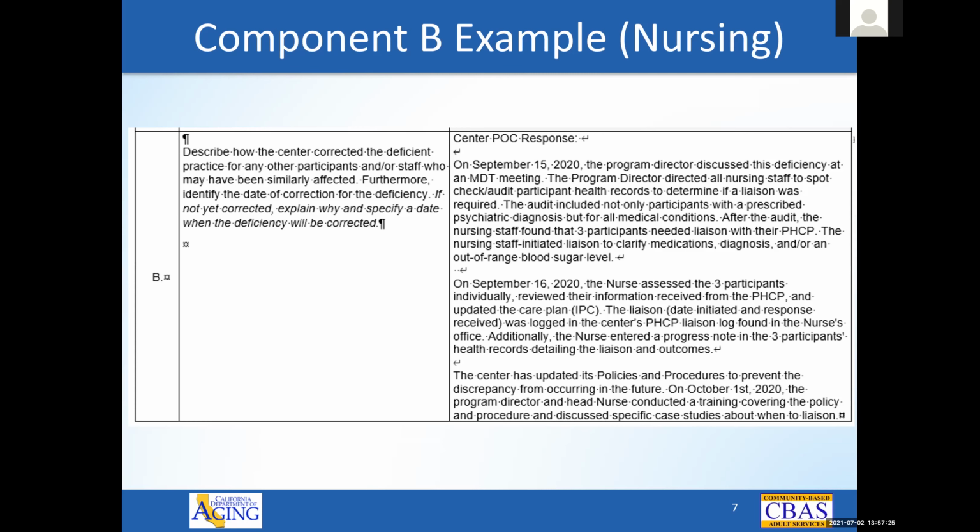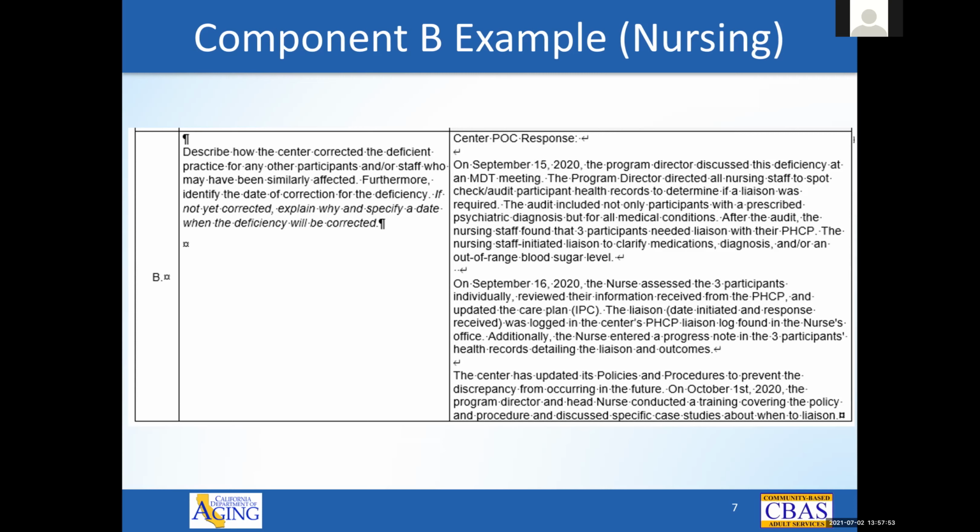Additionally, the nurse entered a progress note in the 3 participants' health records detailing the liaison and health outcomes. Lastly, the center has updated its policies and procedures to prevent the discrepancy from occurring in the future. On October 1st, 2020, the program director and the head nurse conducted a training covering the policy and procedure and discussed specific case studies and situations when liaison would be required.